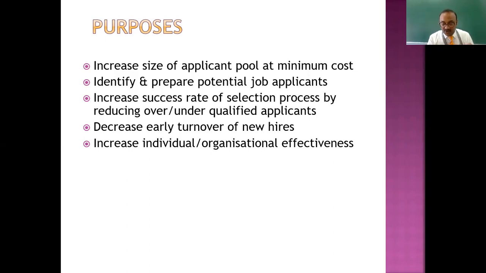Because the more the number, the finer can the choice be. Please remember, only if the applicant pool is big in recruitment can we go ahead and select candidates and then identify the best person. If you have fewer candidates who apply, then what happens is you have to compromise with whoever is there. Let's say, for example, for 5 jobs, you just have 9 people, and the 9 of them you interviewed are not good.